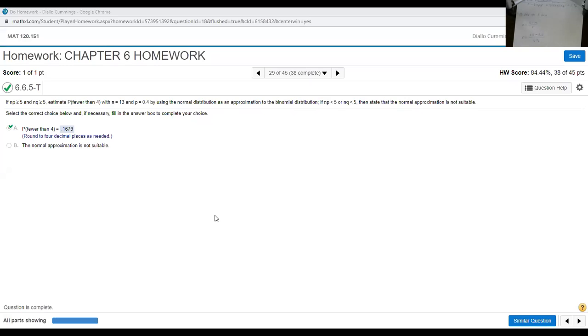I'm going to let the computer handle all of the calculations, and I'm going to round last. So I want to put in n times p. So I have 13, which is n, times 0.4, right? And we have our 5.2, which was our mean.